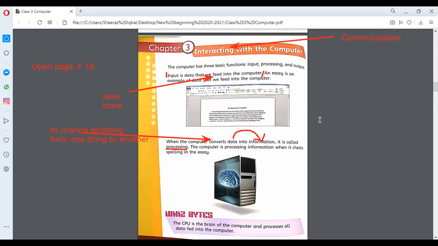For example, we have a word. Everybody see this word?